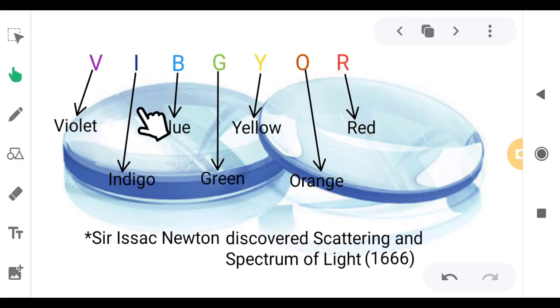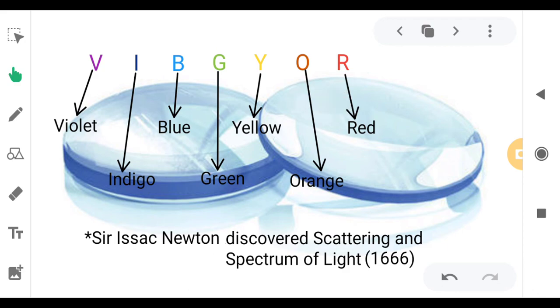Next is VIBGYOR. What is VIBGYOR? This refers to the colors of light. If white light is divided into 7 different colors, it forms VIBGYOR in sequence.